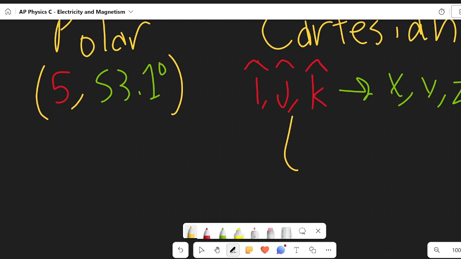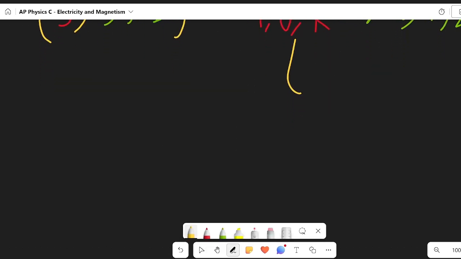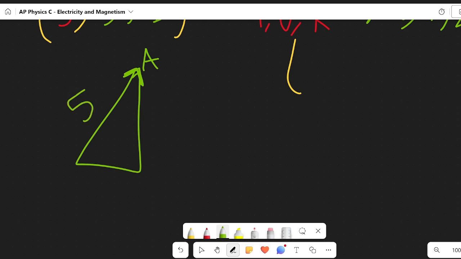So in this case, if we're trying to represent 5, comma 53.1 degrees, what we will do here is draw out a triangle. The vector is pointed like this, we have a vector A pointed like this. So the magnitude is 5, and this angle is 53.1.